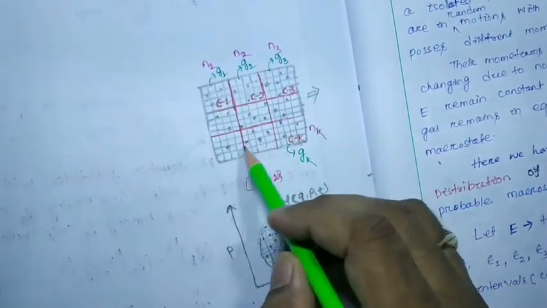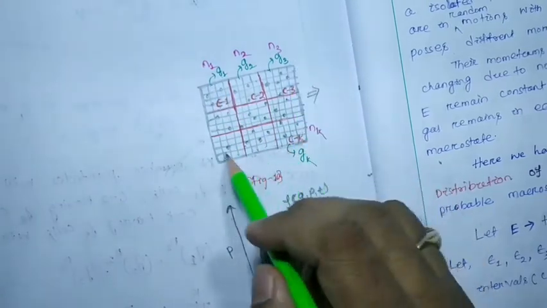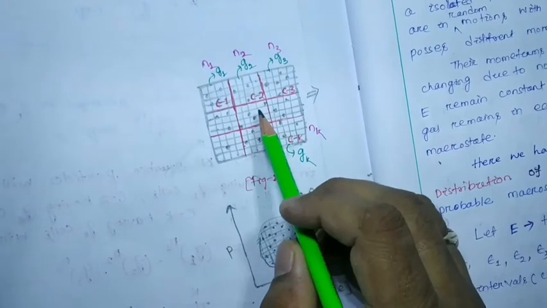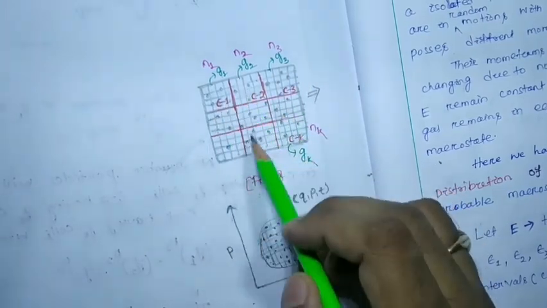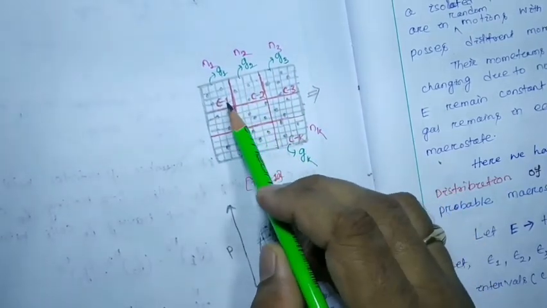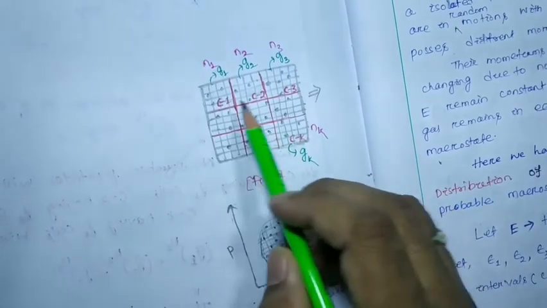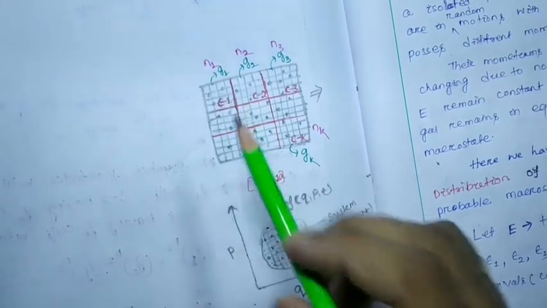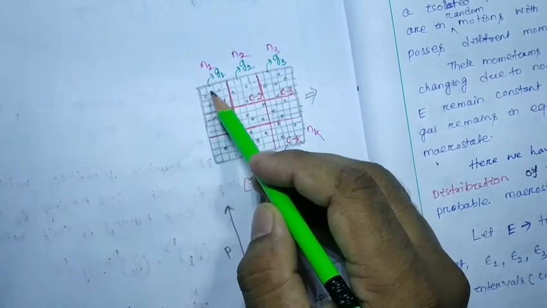These are the gas molecules inside a container. Just imagine inside a container, the whole container is divided into different compartments, that is C1, C2 up to Ck. Each compartment is further divided into cells, and each cell has equal size.